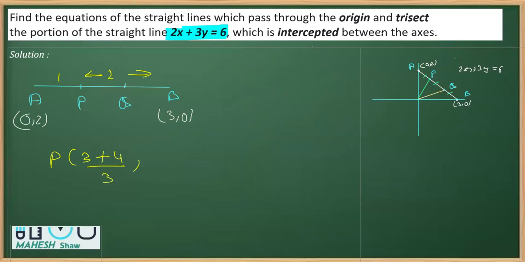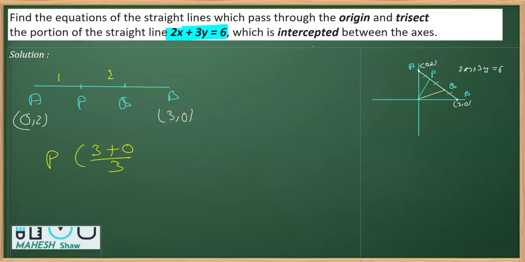And similarly for the y coordinate, m1 y2, which is 0, plus m2 y1, which is 4. I think I made a mistake. Let me do it again. So if I get the coordinate of P, it is m1 x2, that is 3, plus m2 x1, that's 0, over m1 plus m2, which is 3 in this case.